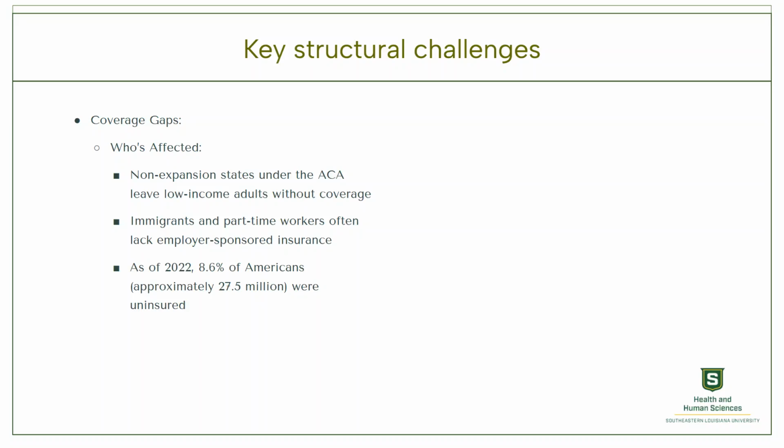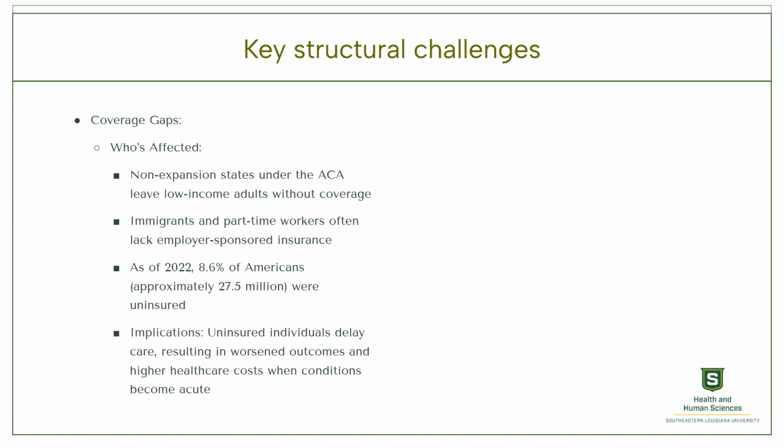And as of 2022, the study found that 8.6% of Americans are uninsured, which may not sound like a lot, but America is very large. 8.6% is 27.5 million Americans, which is a lot of people to not have insurance, especially considering how expensive U.S. healthcare costs.